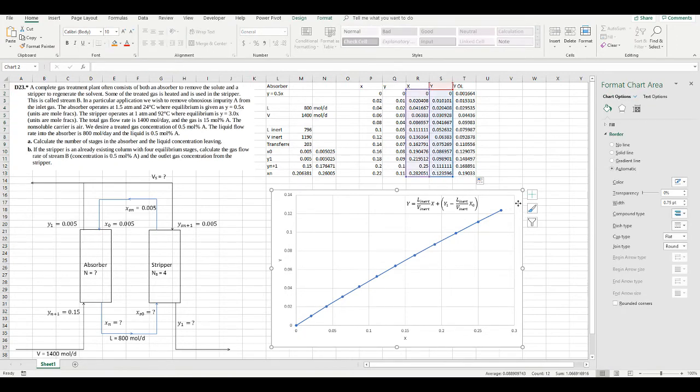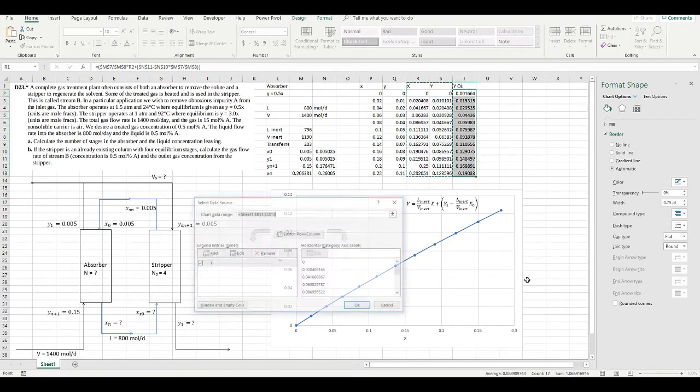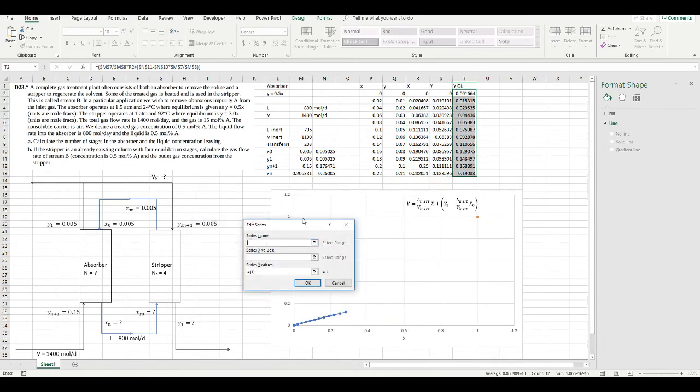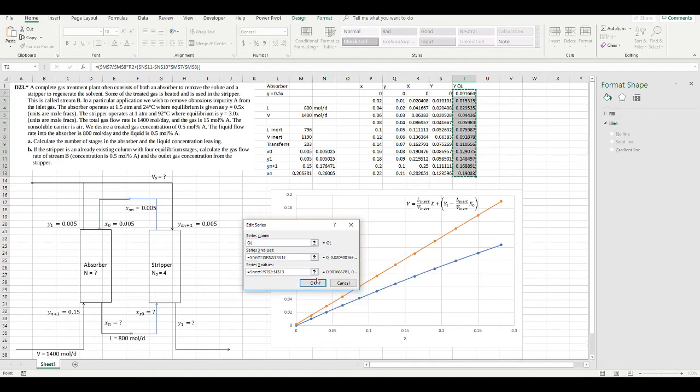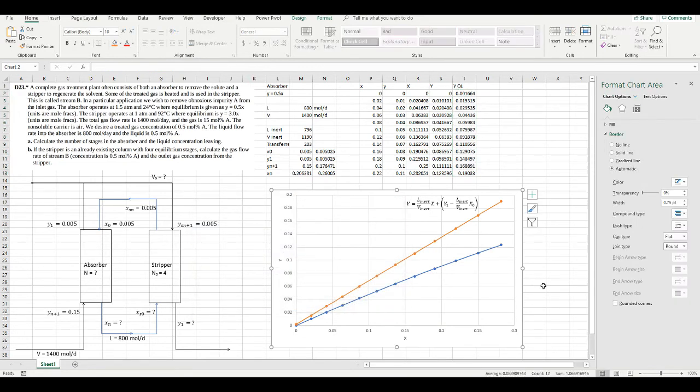Okay, so now that we have our operating line, let's go ahead and trace it. As we can see, this operating line is above the equilibrium line, which is what we would expect from an absorption problem, and so we're good to go. Now then, the only thing left is to do a McCabe-Thiele analysis, and then we can find the number of stages.